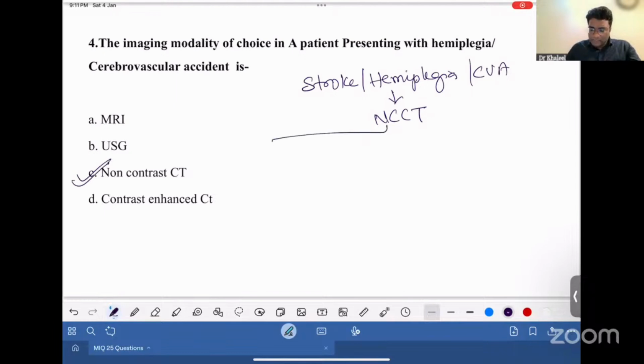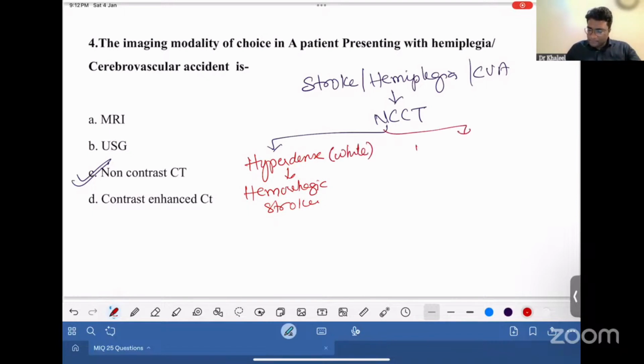On non-contrast CT, if that area appears hyperdense, white, this is hemorrhagic stroke. Good. All of you have answered it correctly. So this is non-contrast CT. Hyperdense means white. If it is white, that is hemorrhagic stroke.